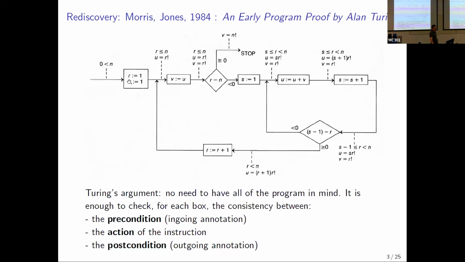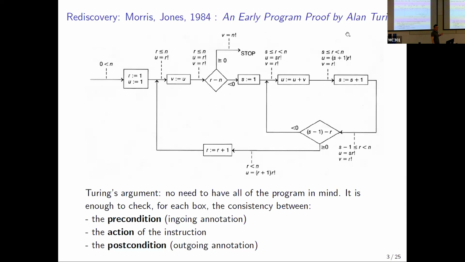The idea is that the boxes are the program, and you have annotations that say how to prove this program. I think it's considered one of the first proofs of programs, giving a methodology to prove programs. The argument of Turing is that you don't have to understand all of the program to check that it is correct with respect to a specification.